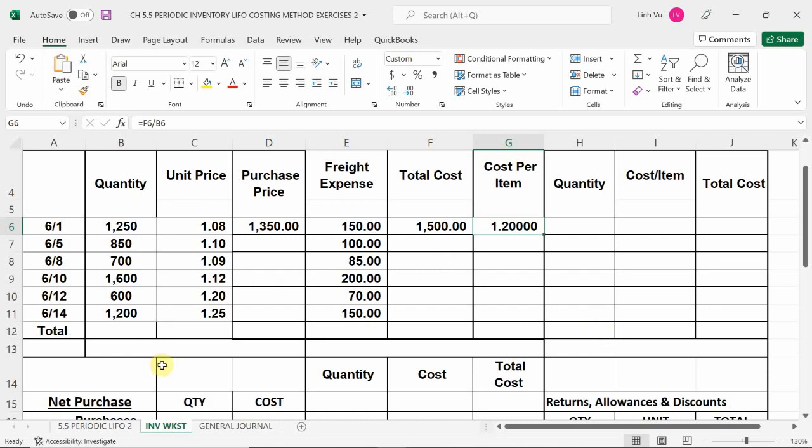So then on June 5th, we bought 850 units at $1.10.